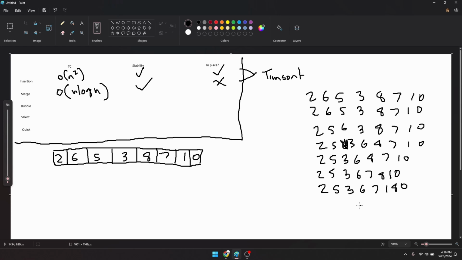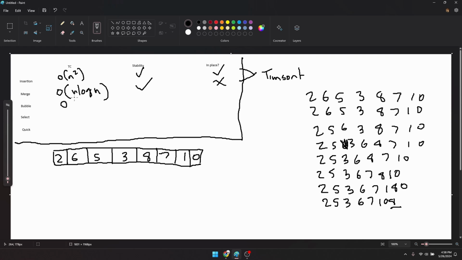And 0 is going to be less than 8, so we need to swap the 2. So from iterating through the entire array once, we have 8 in its correct spot, and we would have to do that n amount of times to get the complete sorted array, which I'm not going to do because that would take a very long time, and hopefully you get the point of it.